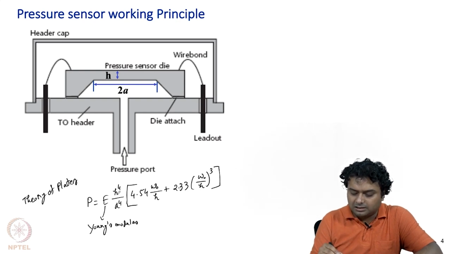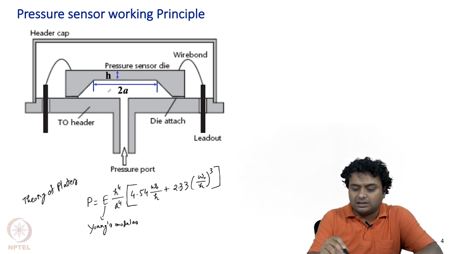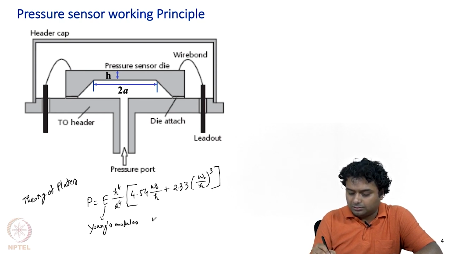H is the thickness of the membrane, and 2A is the total length of the membrane, so A is the distance from the center to the periphery. W0 is the deflection of the membrane.